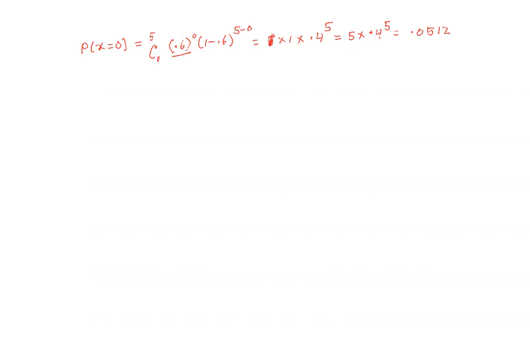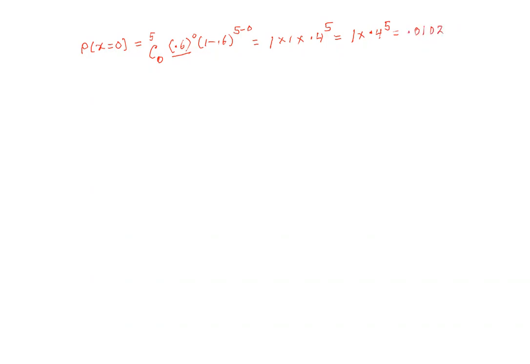This is 1, not 5. Let me just erase this. 5C0 is 1. By mistake, I said 5. So in essence, the answer is 0.4 to the power 5, which is 0.01024.